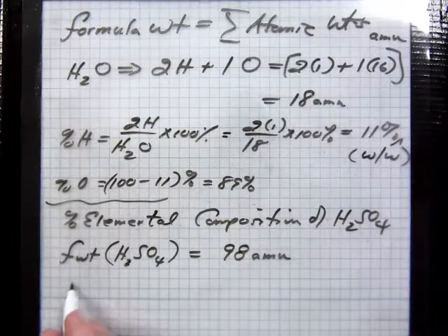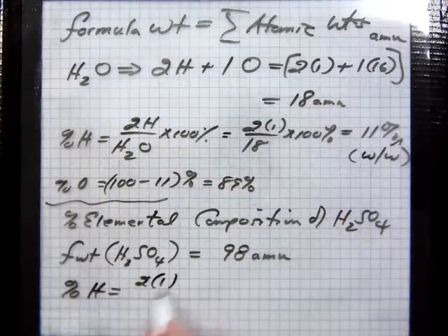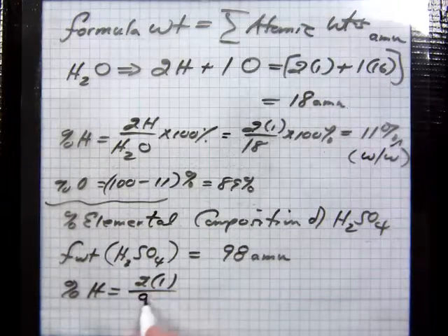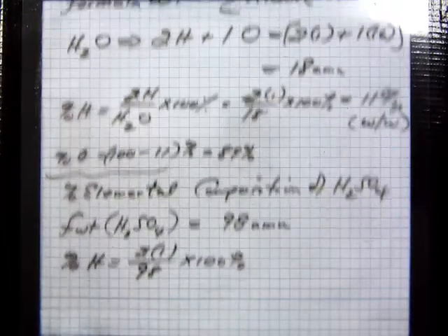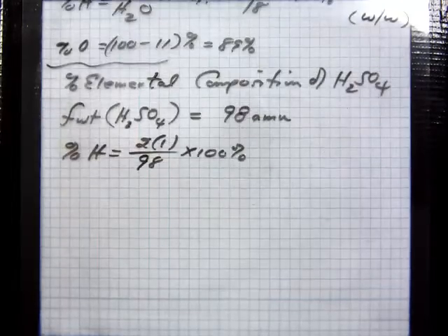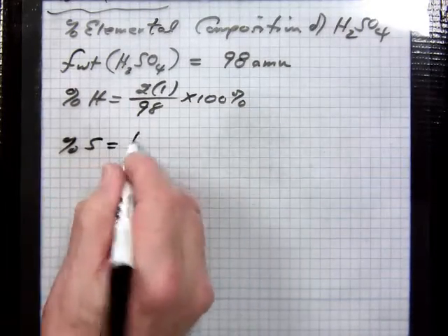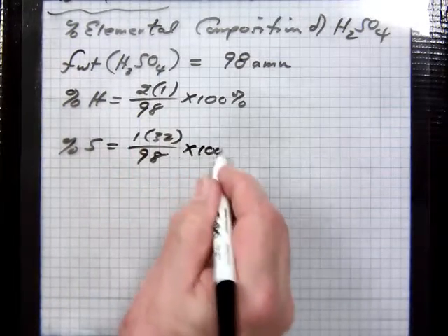So the percent hydrogen would be 2 hydrogens, each 1 atomic mass unit, divided by 98 times 100%. Percent sulfur would be 1 times 32 over 98 times 100%.